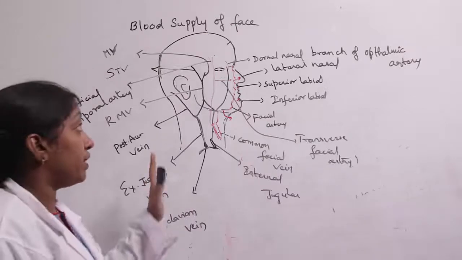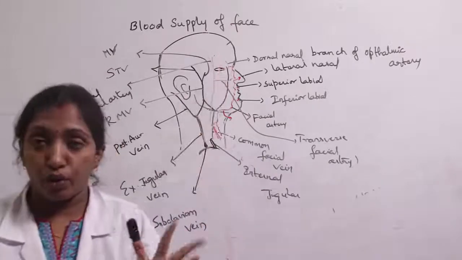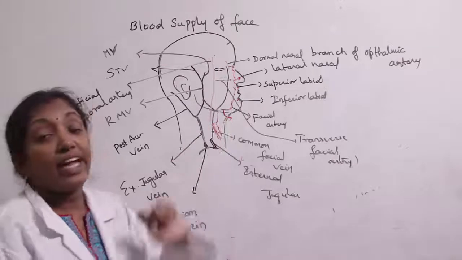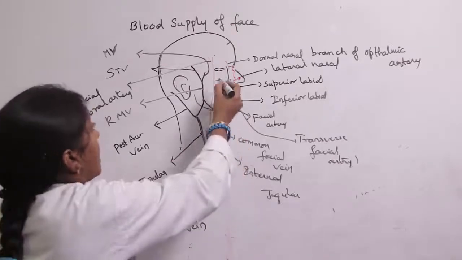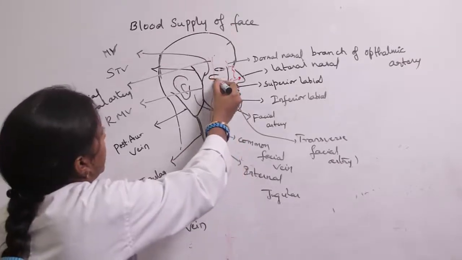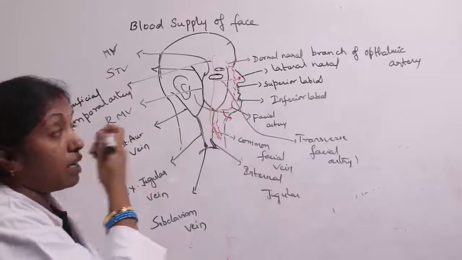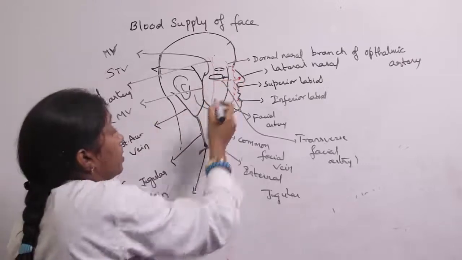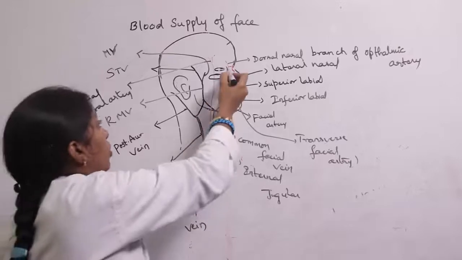And one more important thing is that the facial vein is devoid of valves, and it communicates with the cavernous sinus through the deep facial vein and also the superior ophthalmic vein.